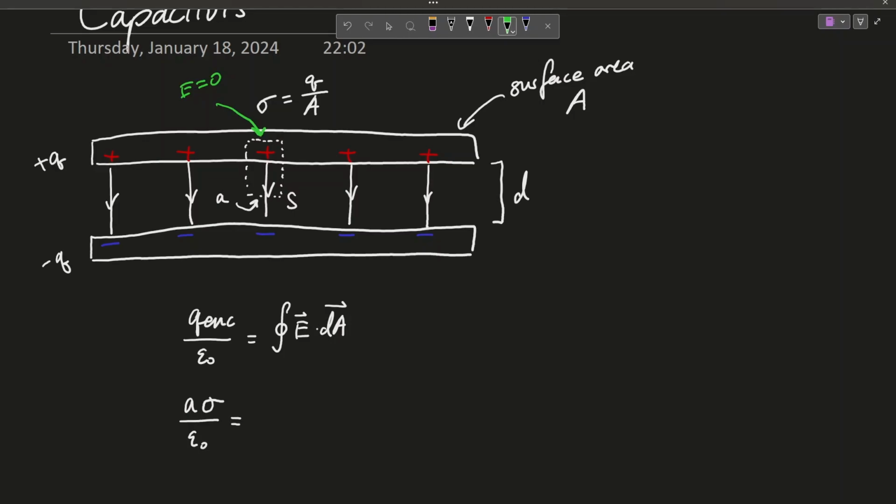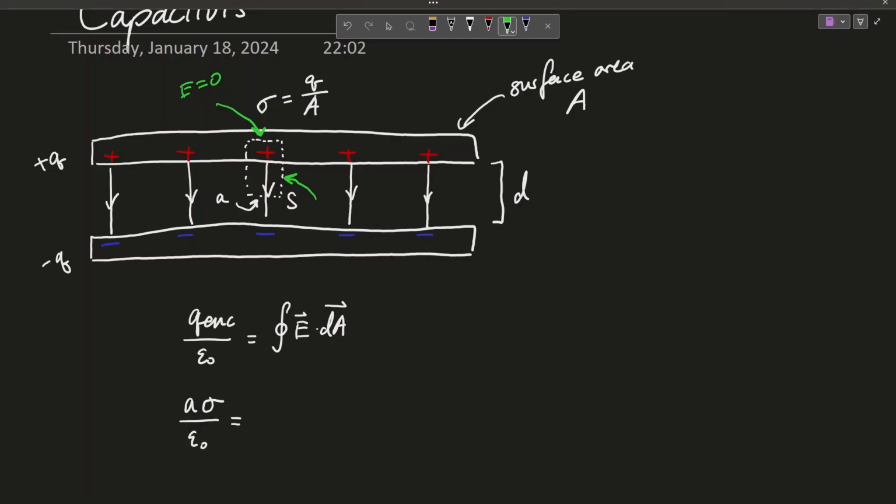We can also eliminate the side faces, because if we assume the plates to be infinite planes of charge, which we can safely assume so long as the plates are quite large compared to their separation, then by symmetry there can be no E field pointing laterally. That means there's no E field going left, right, or into or out of the page, so there will be no electric flux through the sides of the cylinder.